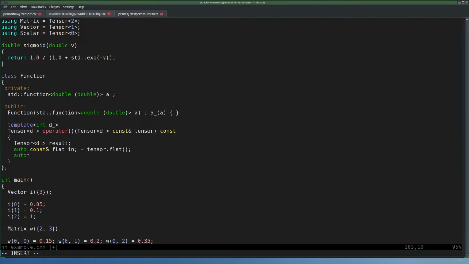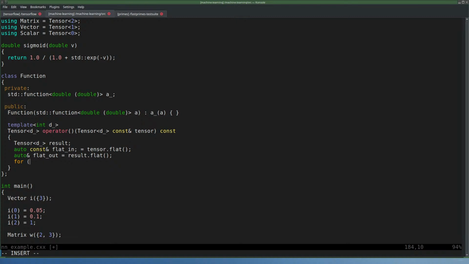And I want a flat out, which is of course not const. And then we run over all elements. Must have the same shape, of course.